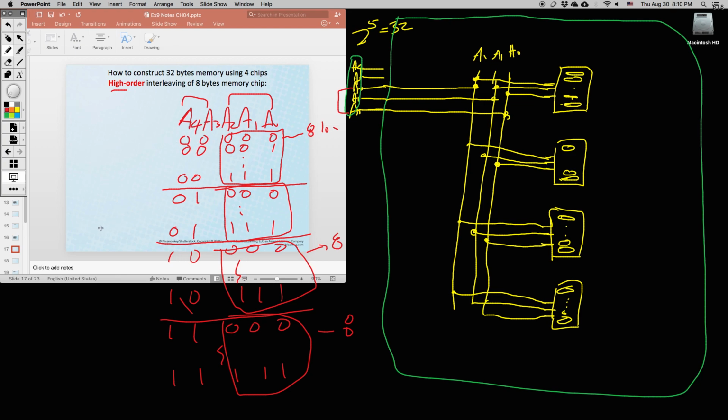If you remember in chapter 3, we learned a module called the decoder. A decoder receives encoded information like 00, 01, 10, 11, and then the output uniquely says which one it is. So if 00 is there, it says this is the one. 01, this is the one. 10, this is the one. 11, this is the one.